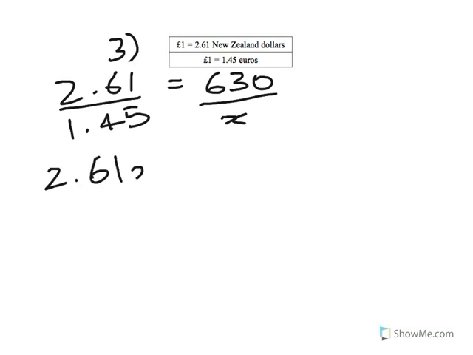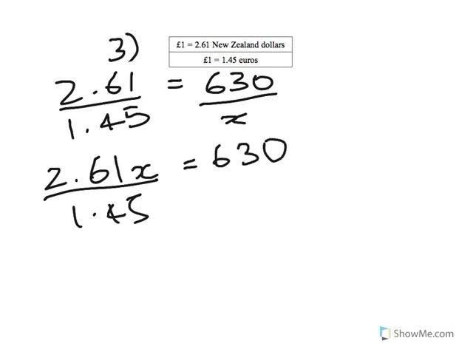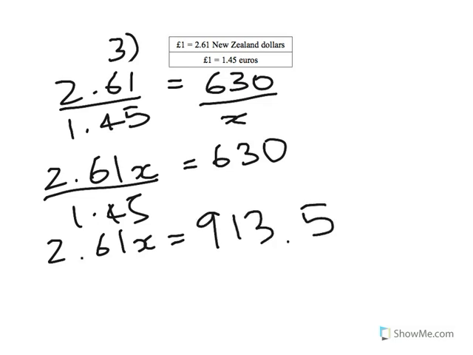You get 2.61x over 1.45 is equal to 630. Multiply both sides by 1.45, you get 2.61x is equal to 630 times 1.45, which is 913.5. Now divide both sides by 2.61 to find x, and x is 913.5 divided by 2.61, which is 350 euros. So 630 New Zealand dollars is worth 350 euros.